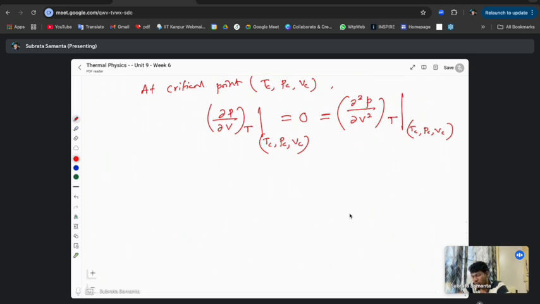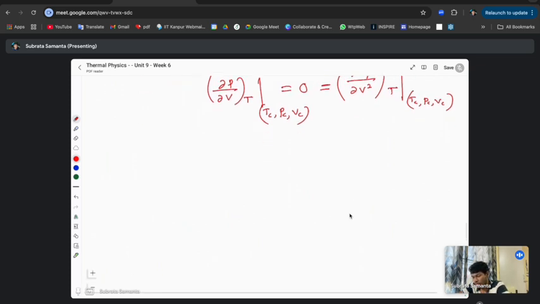Once you do this, it is very straightforward to calculate. For a van der Waals gas, the expressions are: Pc is A over 27 B square, Vc is 3B, and Tc is 8A over 27 RB.